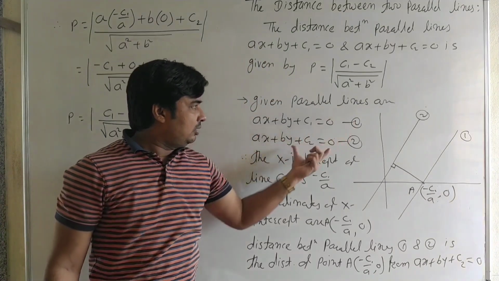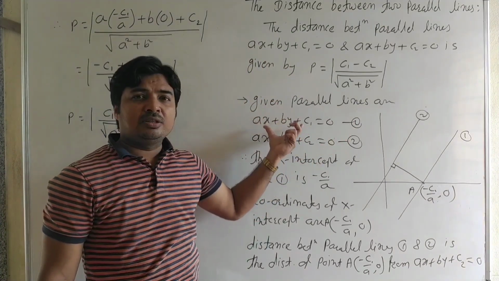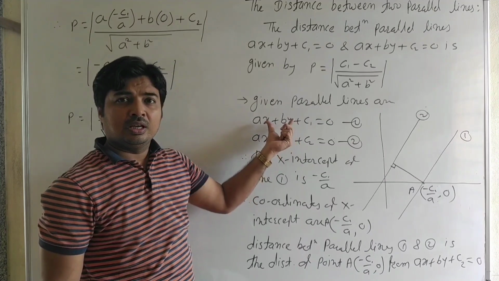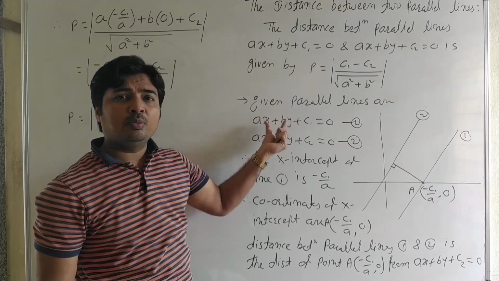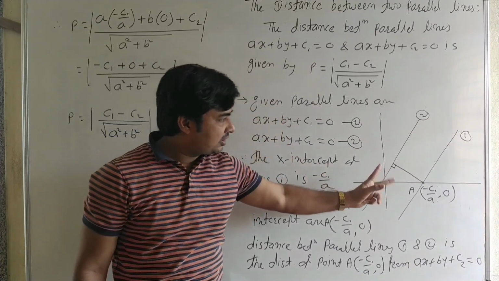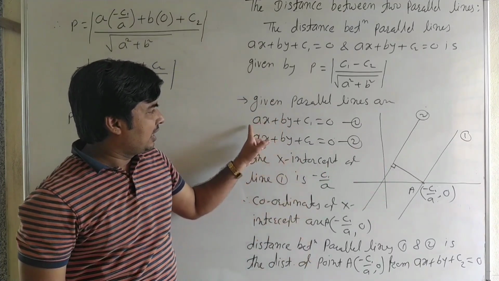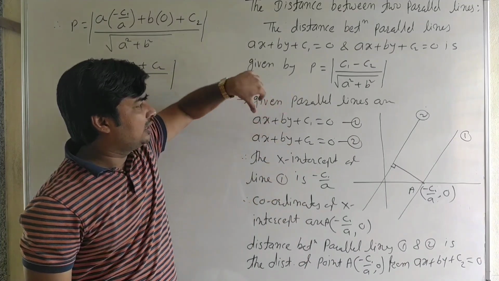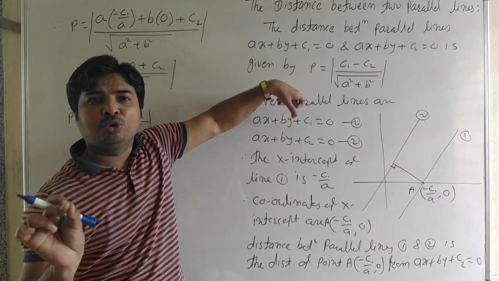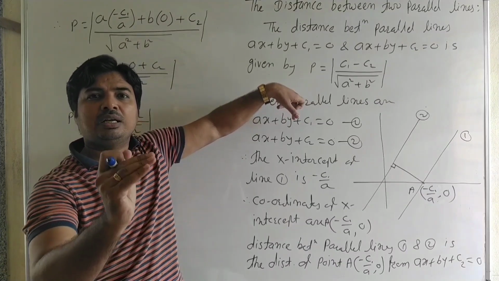Here that means the distance of any point on line 1 from line 2 is the distance between parallel lines. The x intercept of a line in the general form ax plus by plus c equal to 0 is minus c by a.